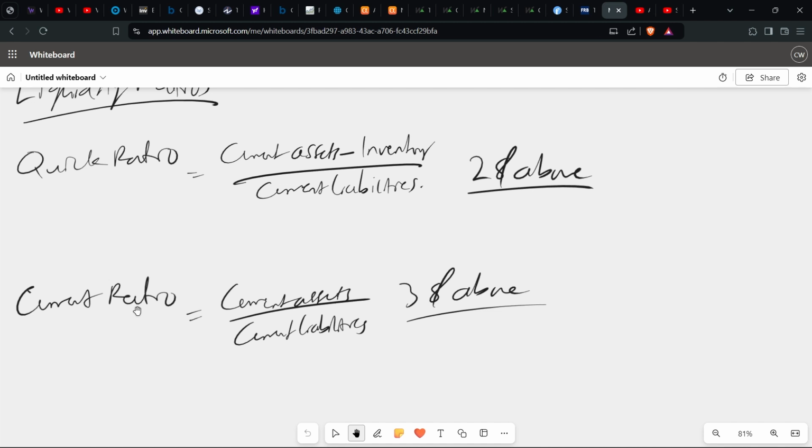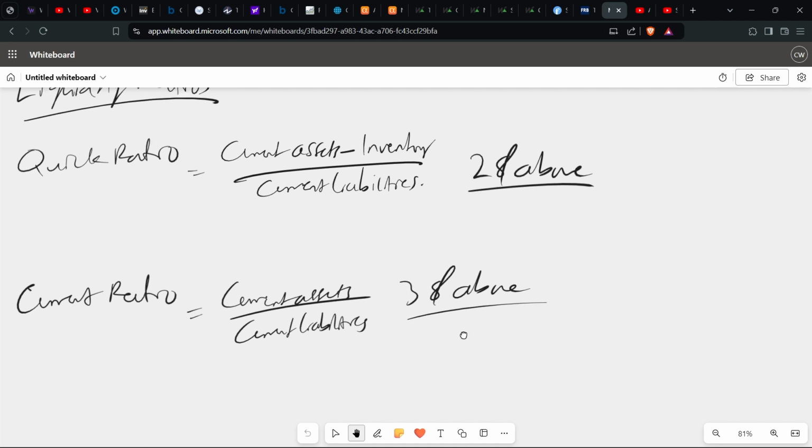Google, they also have nothing on their inventories. Other companies, even Microsoft, do have some inventory because they do sell devices, but for them, it's more of a service kind of company. So for most companies like that, the quick ratio is usually the same as the current ratio. Service companies, that is.